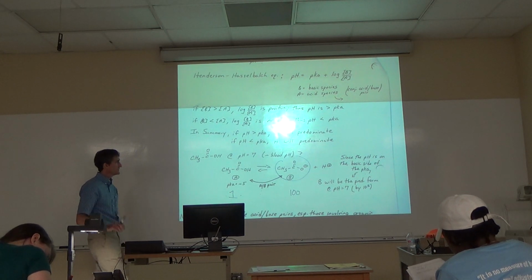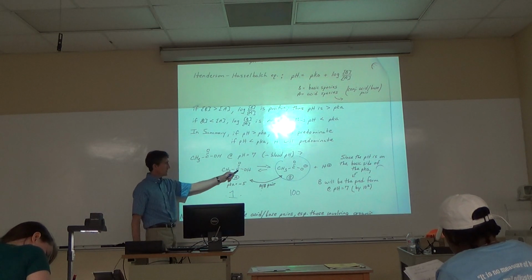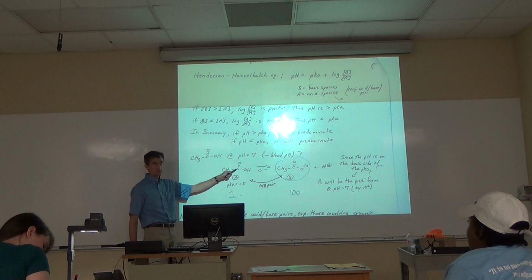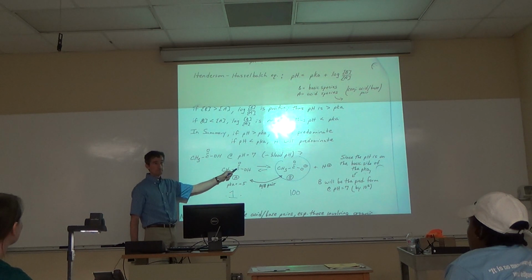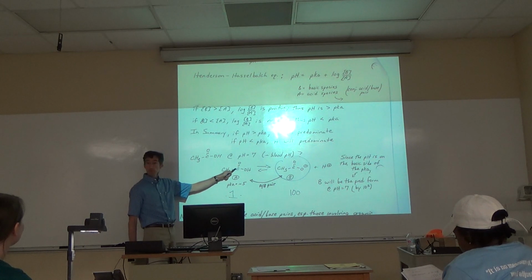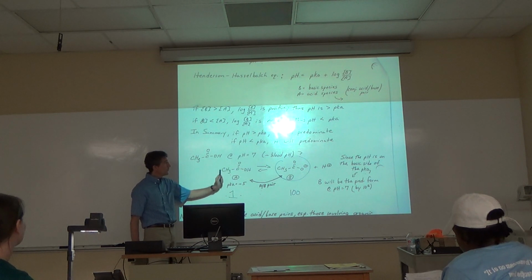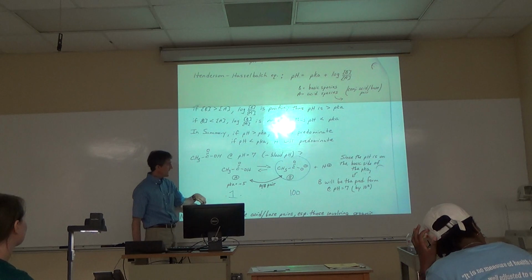At what pH does this start predominating? Tell me a pH where this form would predominate. 4, 3, 2, 1, 0. What if the pH was 5?